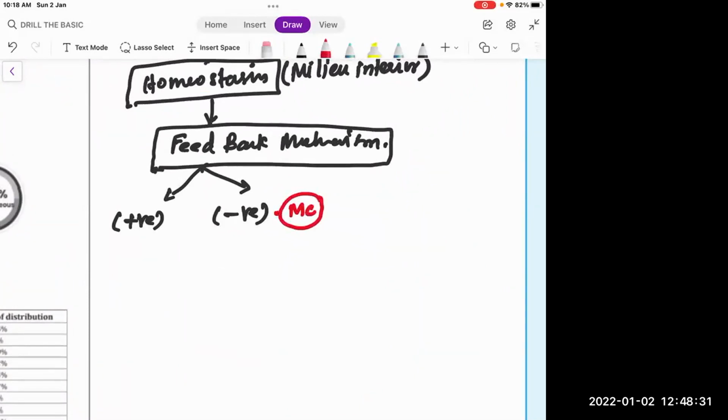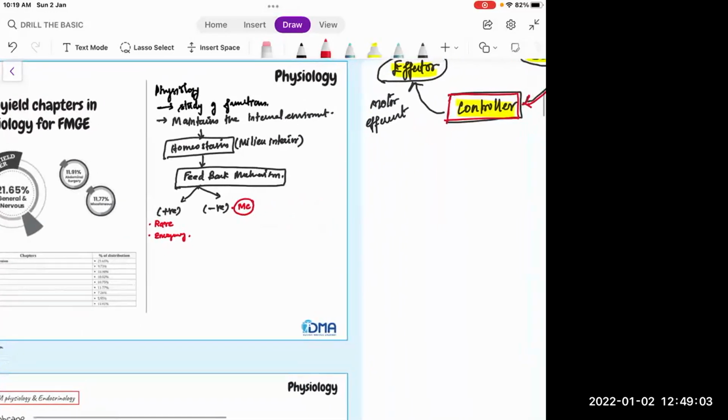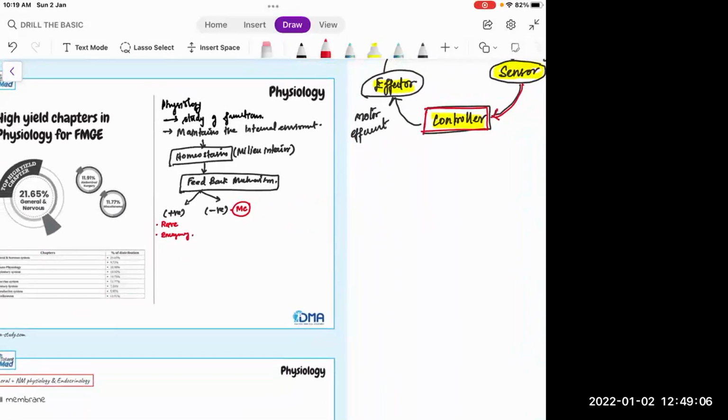Most of the functions are maintained by negative feedback mechanisms, whereas the positive feedback mechanism is very, very rare, and it happens only during some emergency conditions to maintain homeostasis. The rest of the maintenance of the internal environment of the body is mediated by negative feedback mechanisms. So this is a basic introduction to physiology, what homeostasis is and how it is maintained.